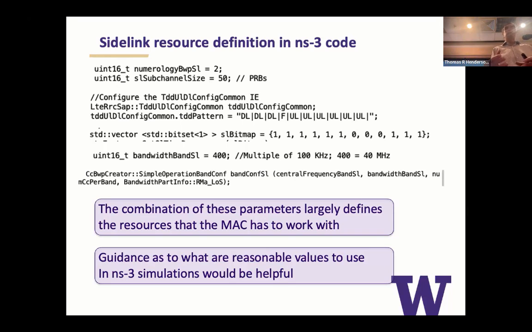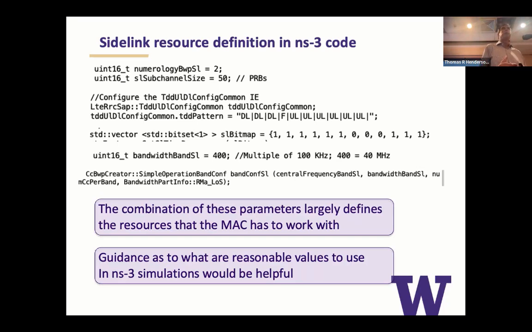So you can construct your simulations by picking very large values here and not have any problem scheduling anything, or you could end up creating a lot of problems if you don't allocate enough. And as far as I know, there isn't any guidance into how to configure these for meaningful simulations.